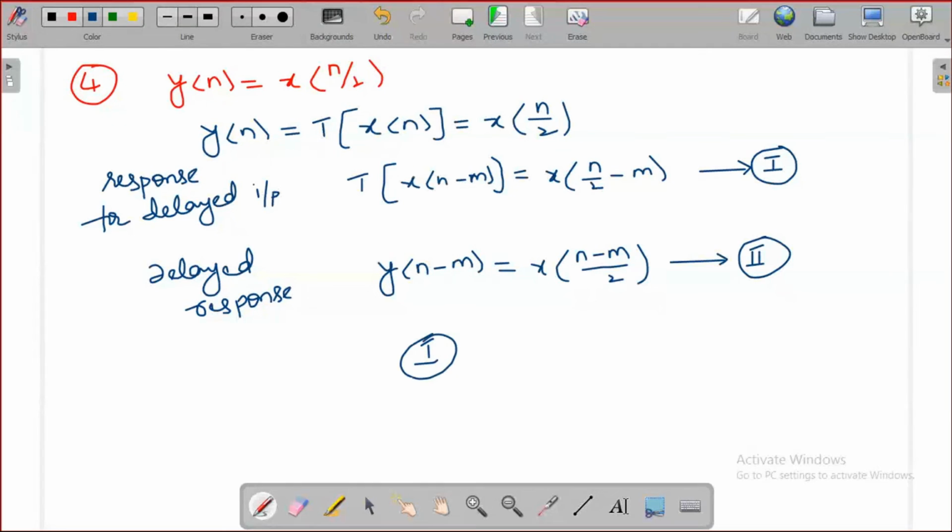Now equations 1 and 2 are not equal. Therefore, the given system is time variant.